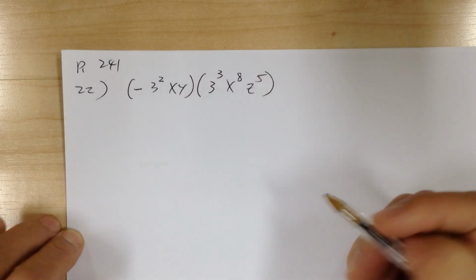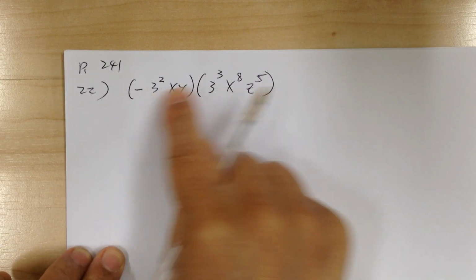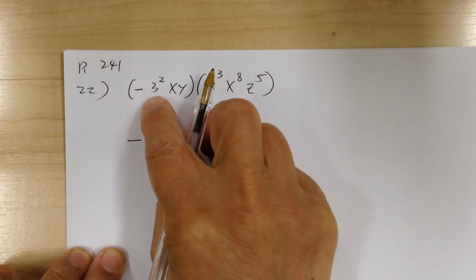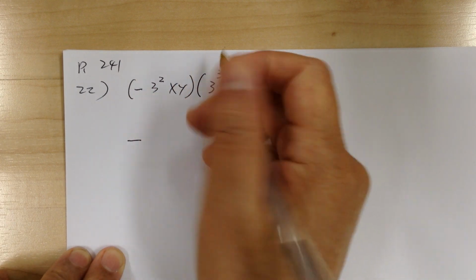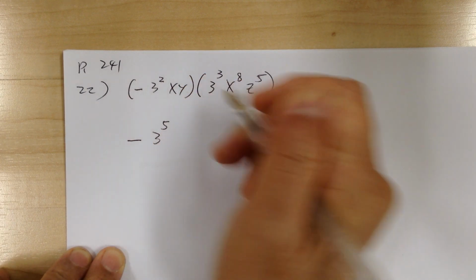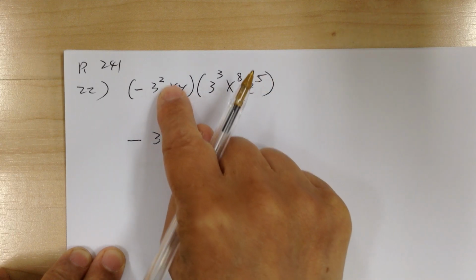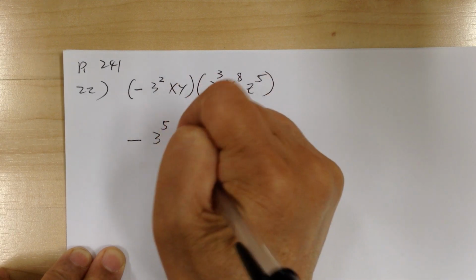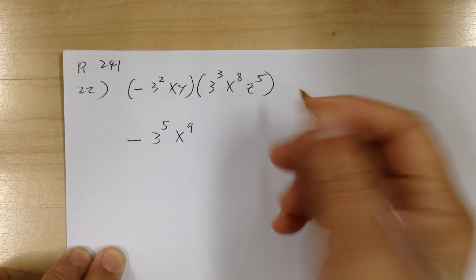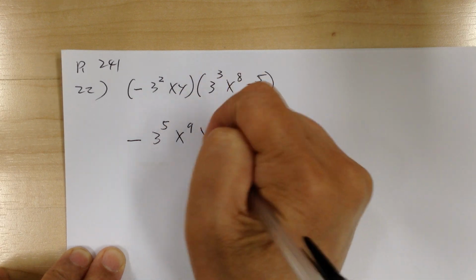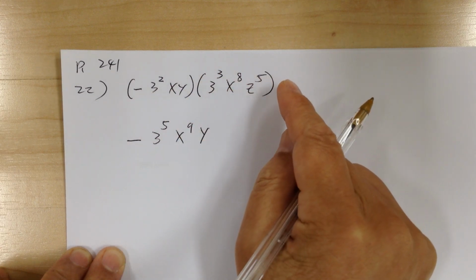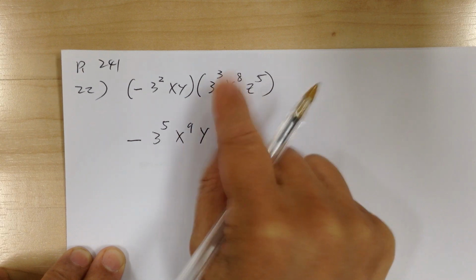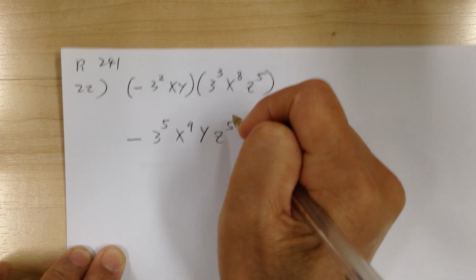When you multiply, first you take care of the sign. So negative and positive is negative. Then the number: 3 squared times 3 to the 3 will be 3 to the 5. Then you go down the alphabet. X to the 1, x to the 8 will give you x to the 9. Then y, there's no y to combine, so it will be just y. Then z, there's nothing to combine, so it will be z to the 5.